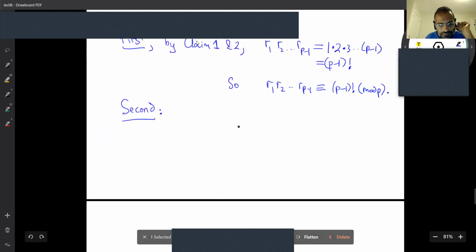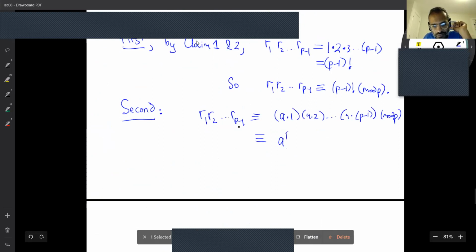So I have that R1, R2, through R_{p-1} is congruent to a times 1, times a times 2, all the way up to a times p minus 1 mod p. And now I get a different answer. I get a to the p minus 1, because there are p minus 1 numbers, times p minus 1 factorial. This is the beauty of computing the same thing two different ways. If you get different answers, you learn something.